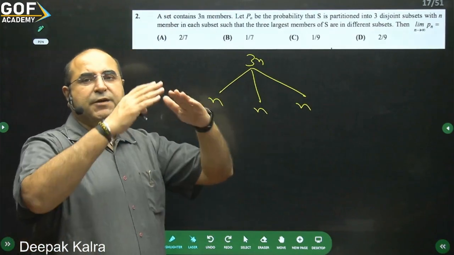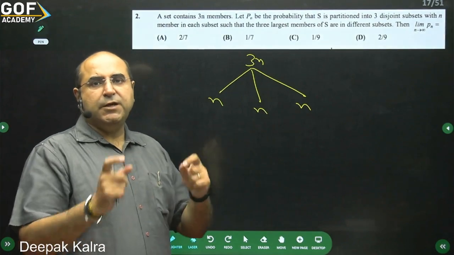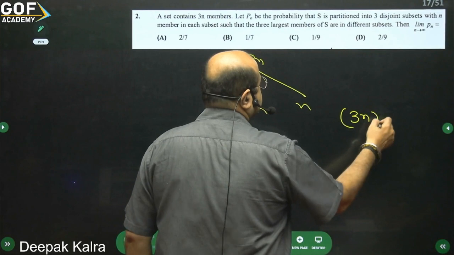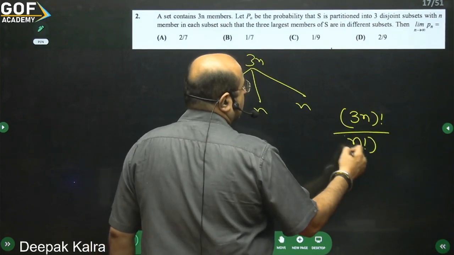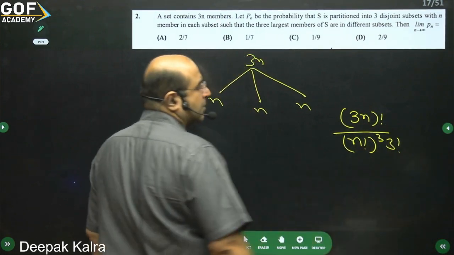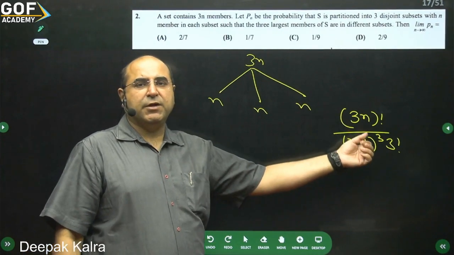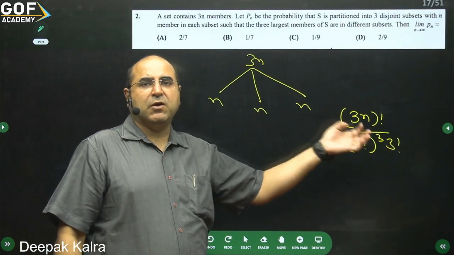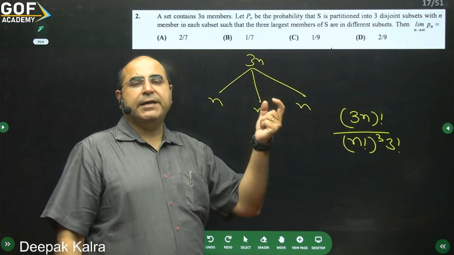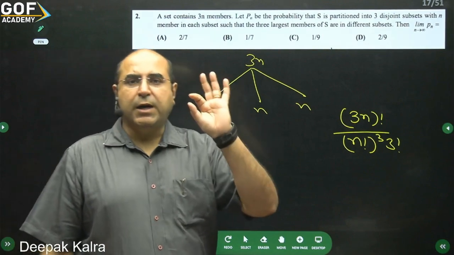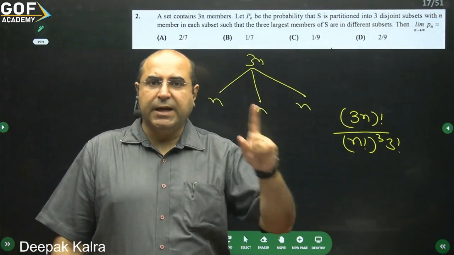That is said to be division. Division into 3 groups. You know how to divide 3n things into 3 groups containing n each? It is 3n factorial over n factorial cube into 3 factorial down, because the identical quantity is there. The quantity number is identical, n.